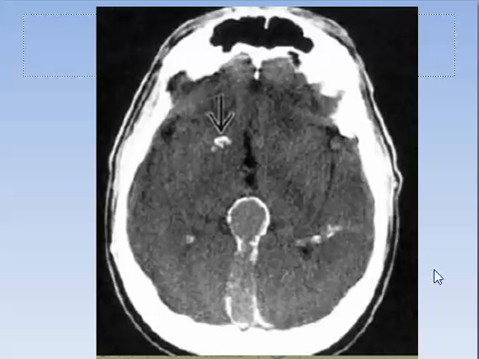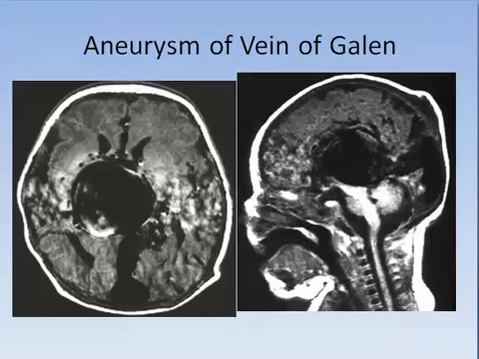This is the appearance of a calcific aneurysm of the vein of Galen with hemorrhages, a large aneurysmal dilatation of the vein of Galen surrounded with edema and obstructive changes.